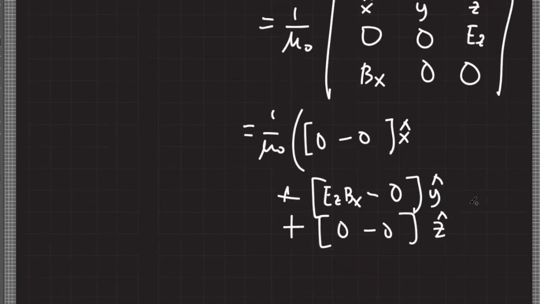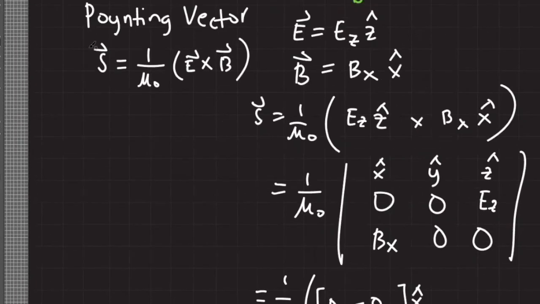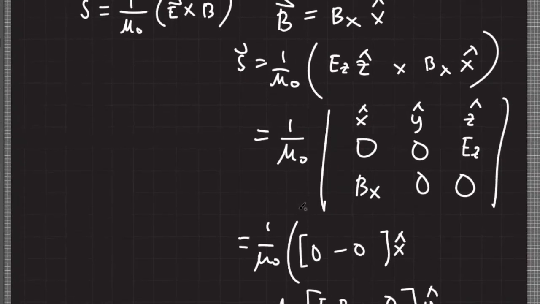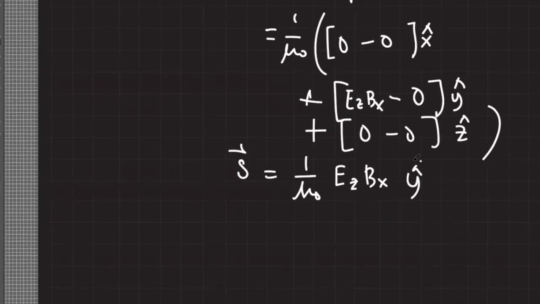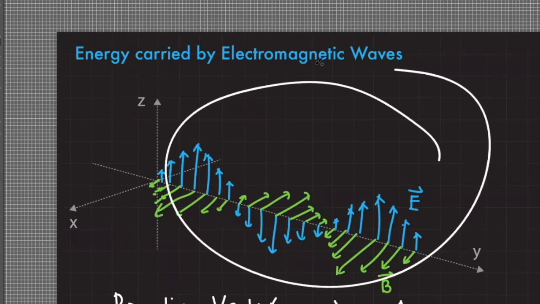So I'll end up with 1 over mu naught E sub z B sub x y hat. And notice that the structure of Poynting vector tells us that the resulting electromagnetic wave travels along the y-axis, and it's consistent with our figure.